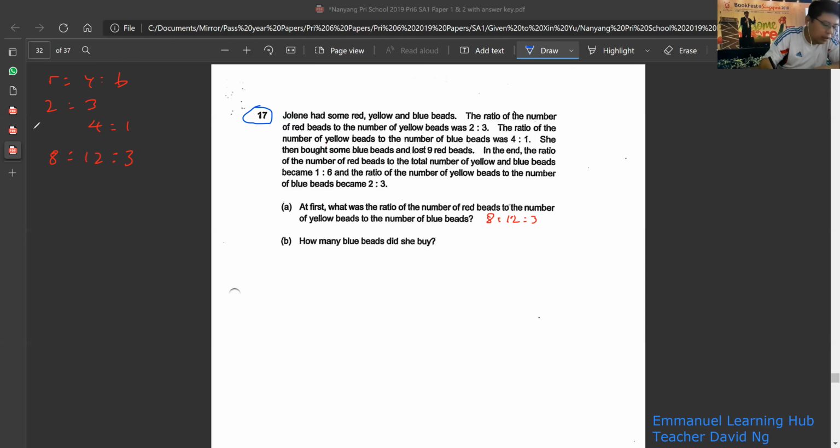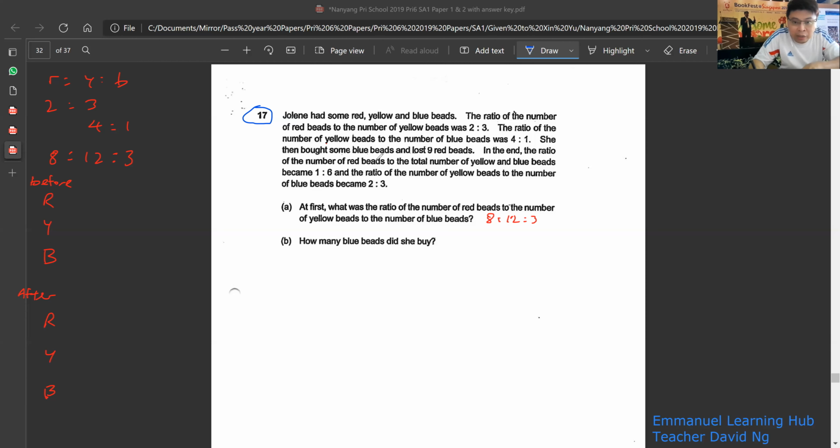For this question, please draw a model. Before, you have red, yellow, blue. After, you have red, yellow, blue as well.